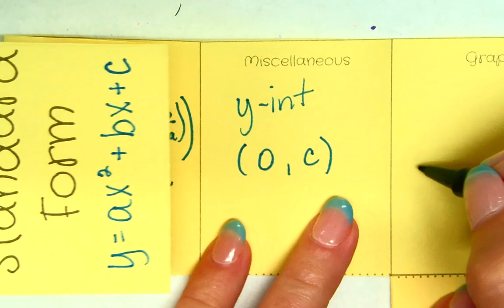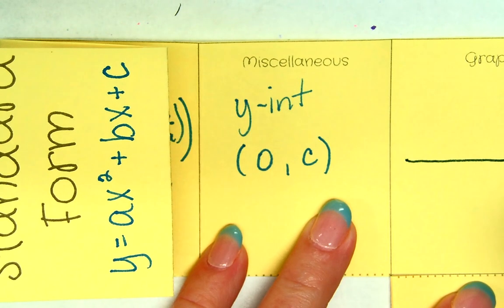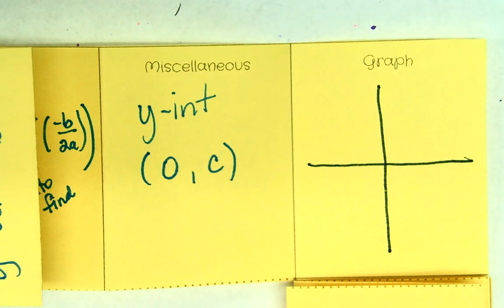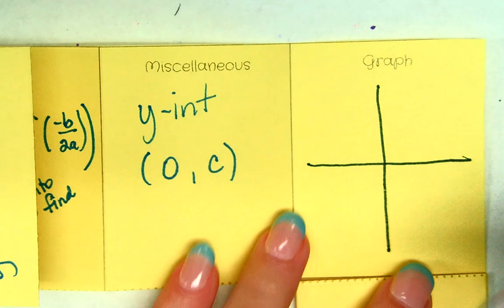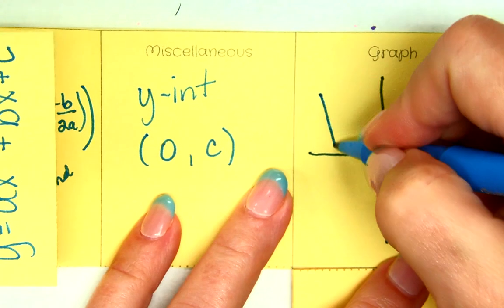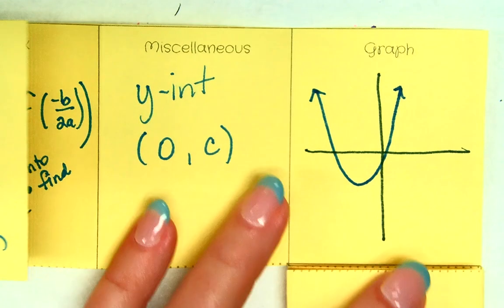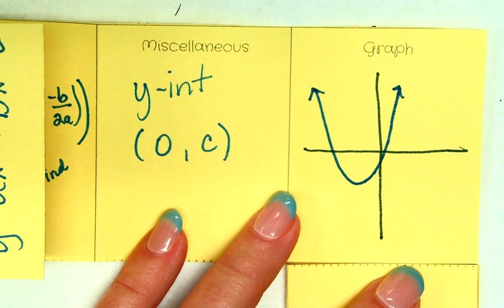So let's draw a graph. This is not a real specific graph, this is a general graph. How about if it looks something like that? Make it parabola-ish, right?